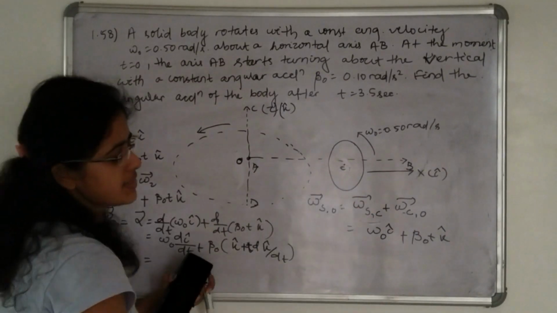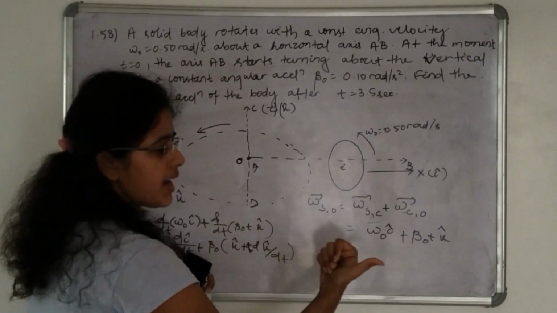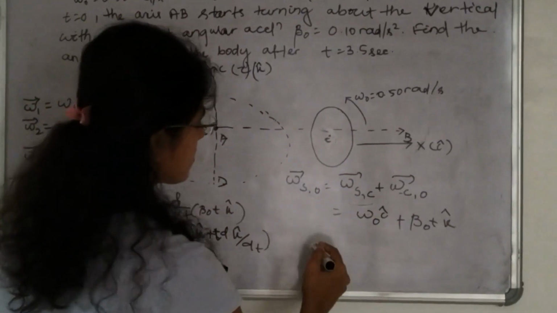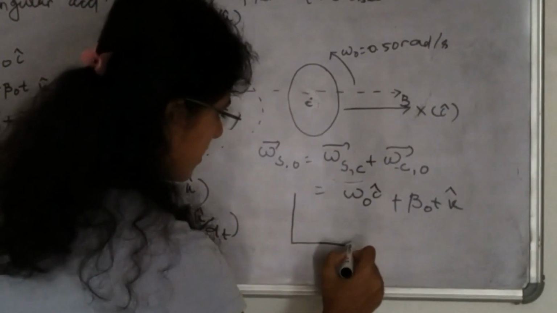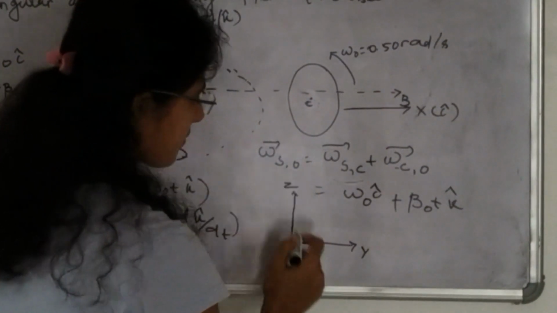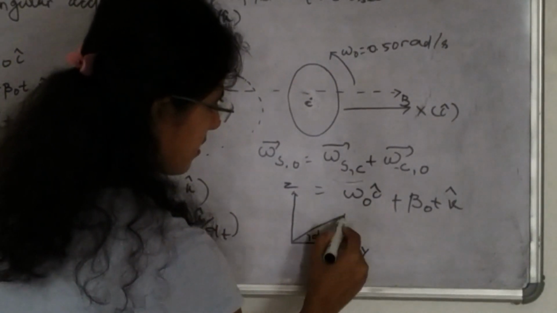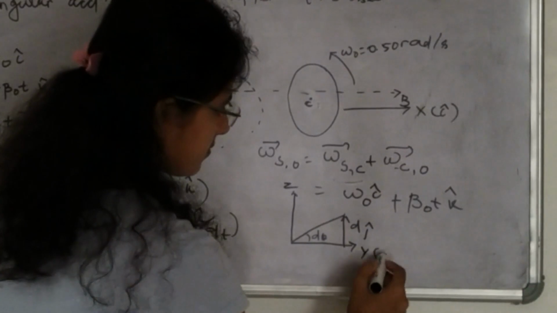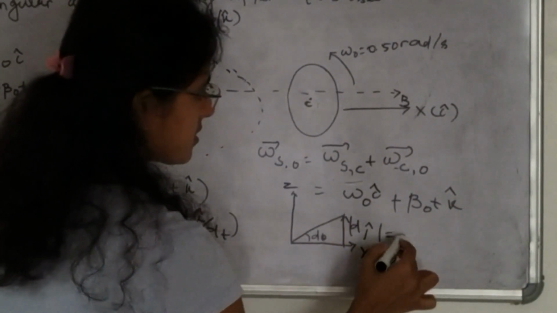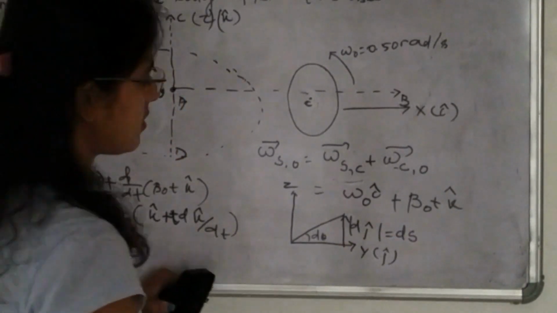In the first case, you can see that it is rotating in yz plane along x-axis. That means you have to consider y-axis and z-axis. In dt time, it is d theta and this is dj cap. The magnitude of this is ds we have considered.